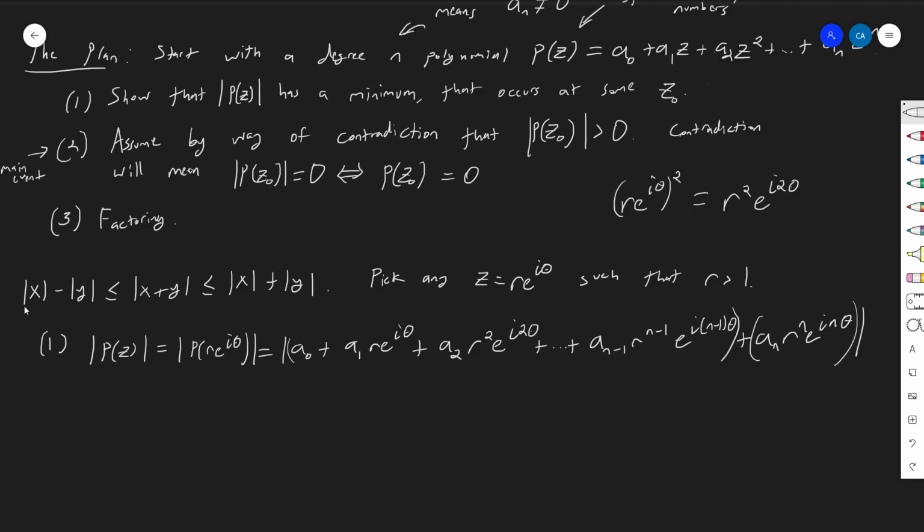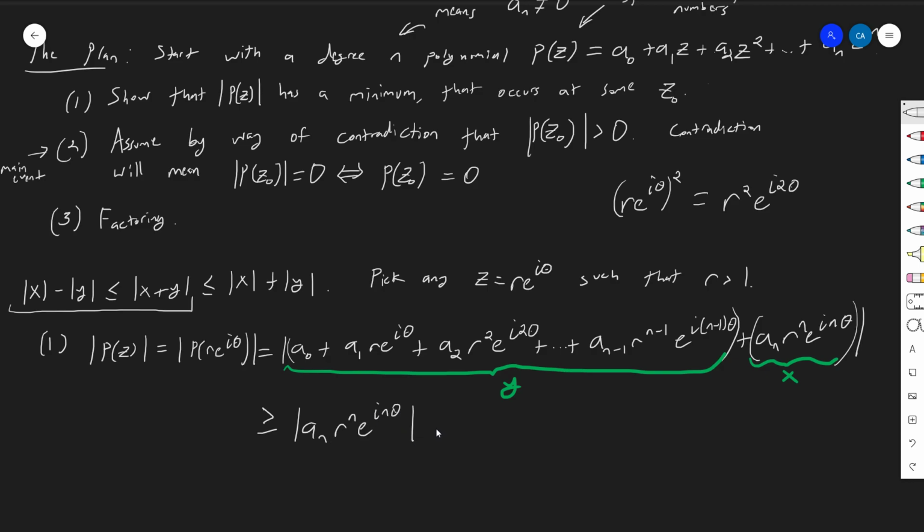Basically, I'm going to use the reverse triangle inequality here. I'm going to call this guy y, and then I'm going to call this guy x. And so by the reverse triangle inequality, this thing is greater than or equal to, we're going from here to here, sorry, the magnitude of a sub n r to the n e to the i n theta minus all of this garbage, a0 plus a1 r e to the i theta plus a2.